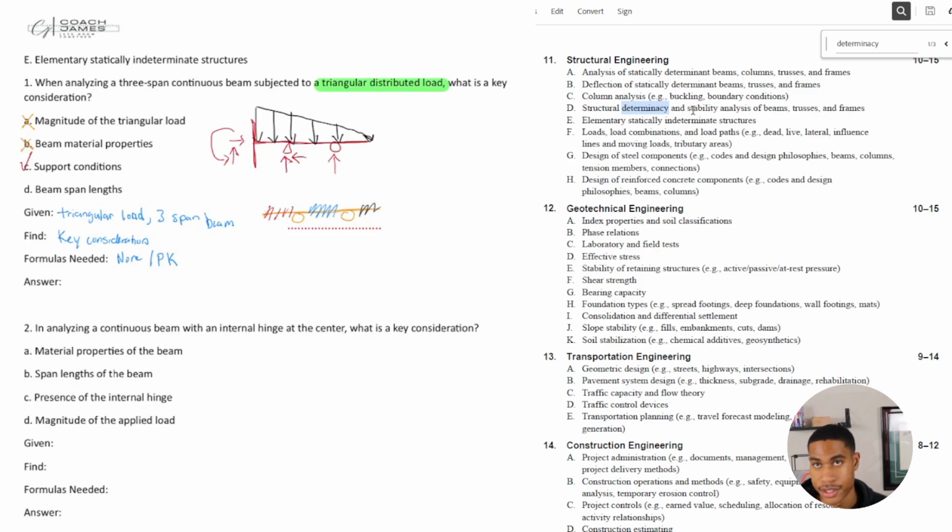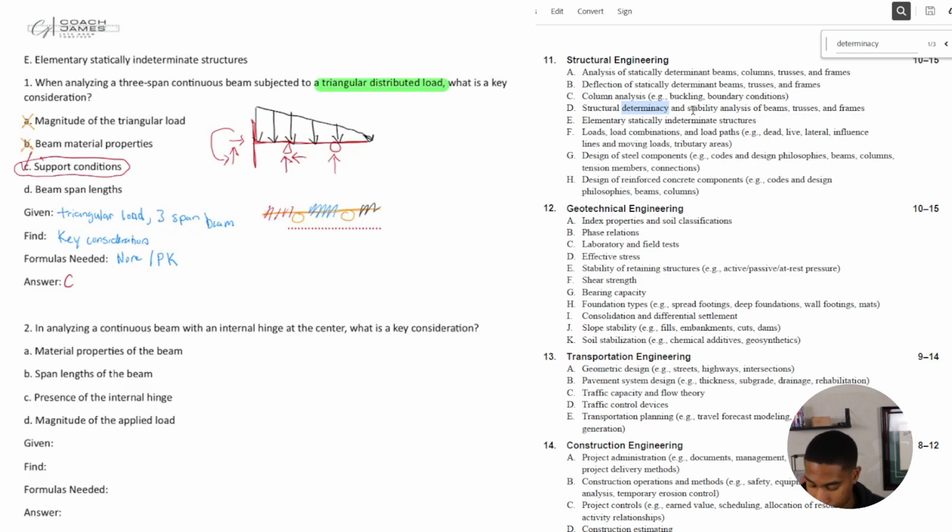The amount of load that you're taking on matters, but you definitely are going to want to know how that load is going to be supported, or it doesn't matter, right? So C is your better answer. Magnitude of the triangular load, though, is important, but C is the better answer.